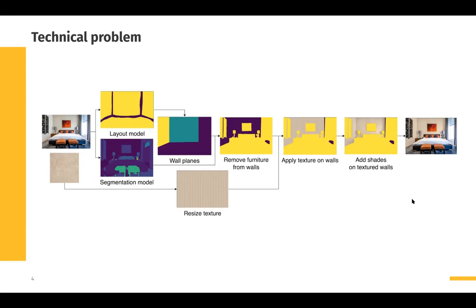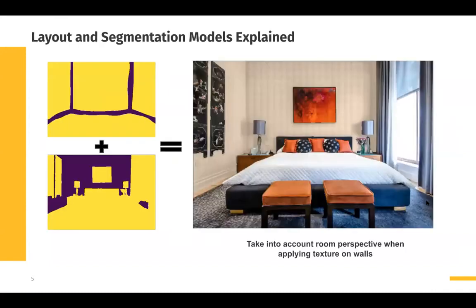So our first step would be to generate a layout, generate a segmentation mask, to generate walls on which we would place the texture. Then we would erase everything that is not walls and add some shades to make it look more natural. Now we're gonna go over each of the steps of the pipeline individually.